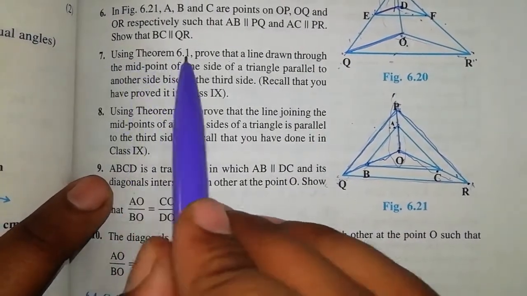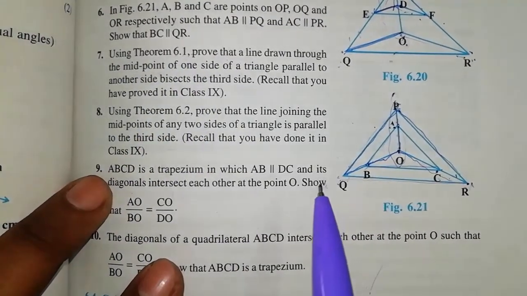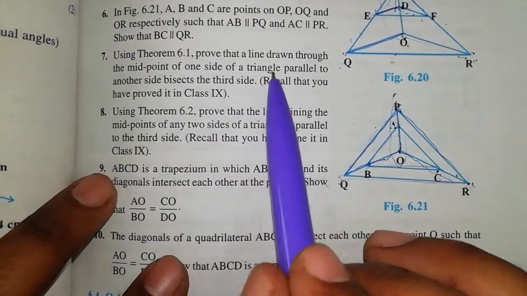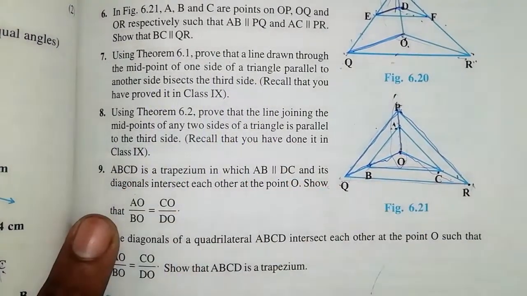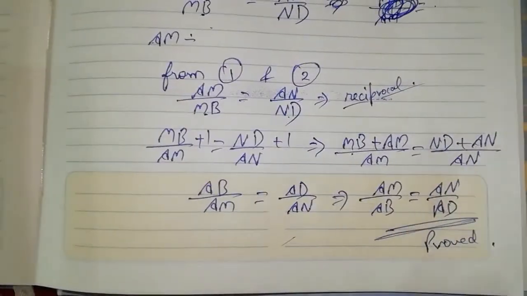Using theorem 6.1, we have to use the B.P.T. What we have to prove is that if a line is parallel to a side of a triangle, it bisects the third side. Let me show.